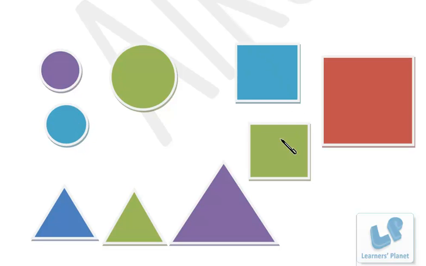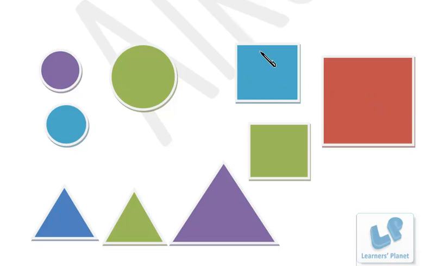Similarly, if I talk about the squares, these two squares are congruent to each other because they can be superimposed, or one square can be imposed on the other. But if I compare these two squares, the side of this square is clearly bigger. That means these two squares will be similar but not congruent.